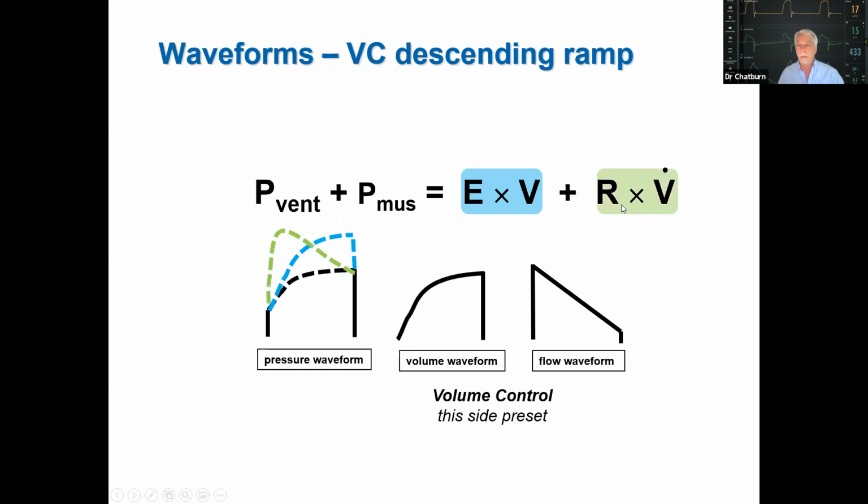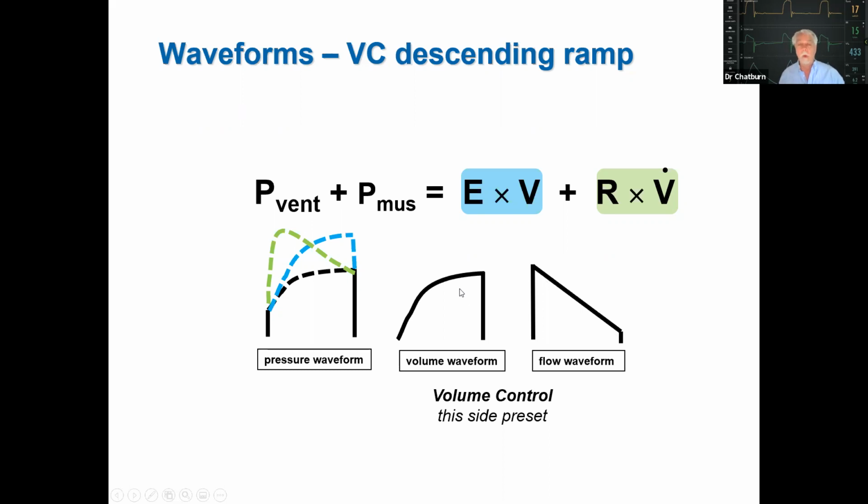Again, if resistance increases, that resistance hitting the high flow at the beginning of inspiration causes a high inspiratory pressure. And then as the flow decays, the resistive pressure drops over time until it goes to 0, although in some ventilators, you can set the end inspiratory flow to some percentage of the peak flow.